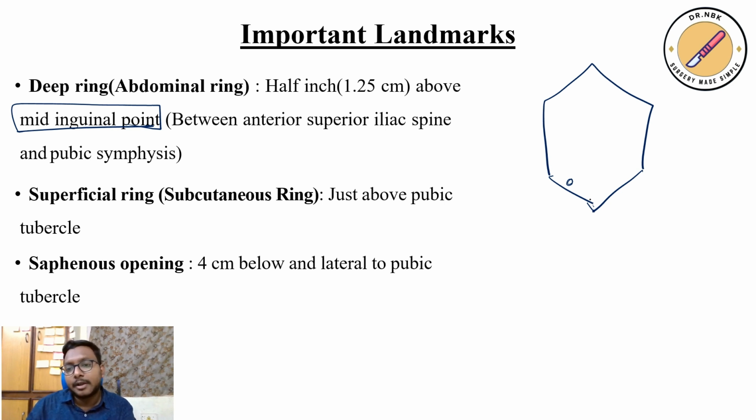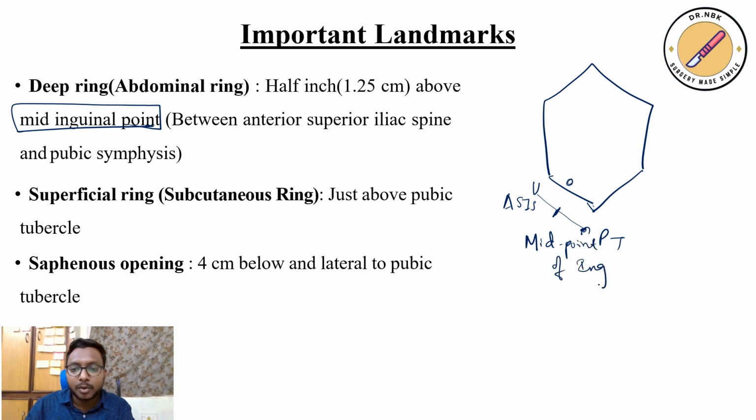So it is between the anterior superior iliac spine and pubic tubercle. Between these two points is your midpoint of the inguinal ligament. You can easily remember what is the extent of the inguinal ligament. The midpoint of those two landmarks is called the midpoint of the inguinal ligament.